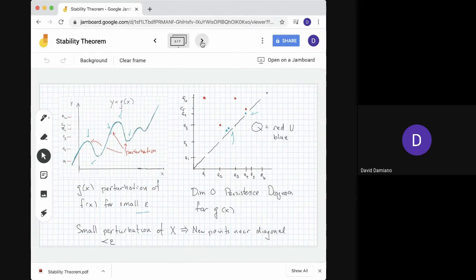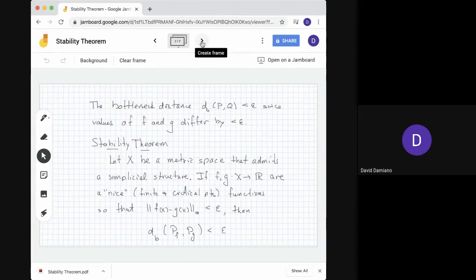Okay? So this is really the statement of the stability theorem. So let's look at that. Okay, so the stability theorem, here's a version of it for metric spaces. There are different versions. Let X be a metric space that admits a simplicial structure. So we didn't build a simplicial structure in the real line, but we could have.